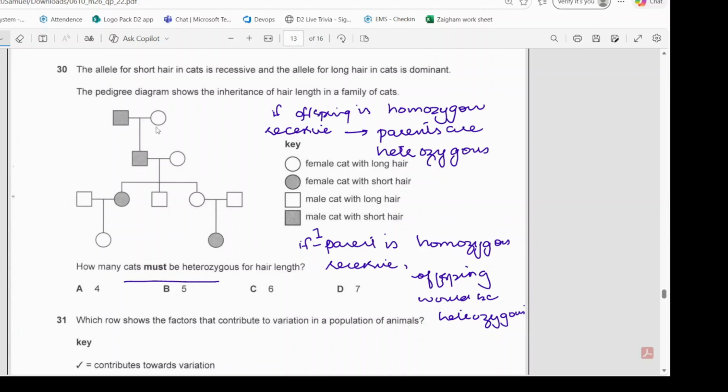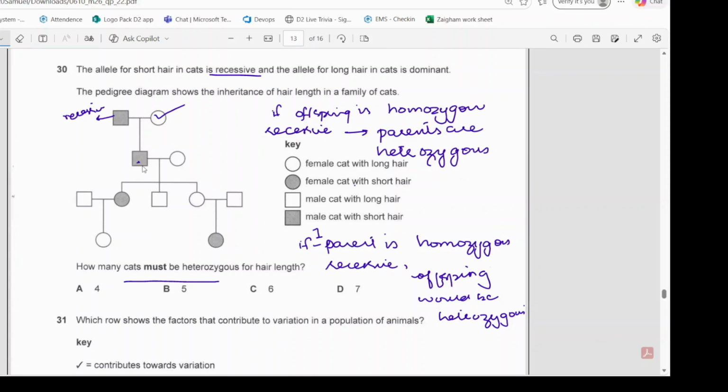According to this, how many cats are heterozygous? Let's read the statement first. The allele for shorter hair in cats is recessive, and the allele for longer hair is dominant. The shorter hair is written in black, which means they are both recessive. Now we have to tell which ones are heterozygous. The offspring is recessive, so this parent is heterozygous.